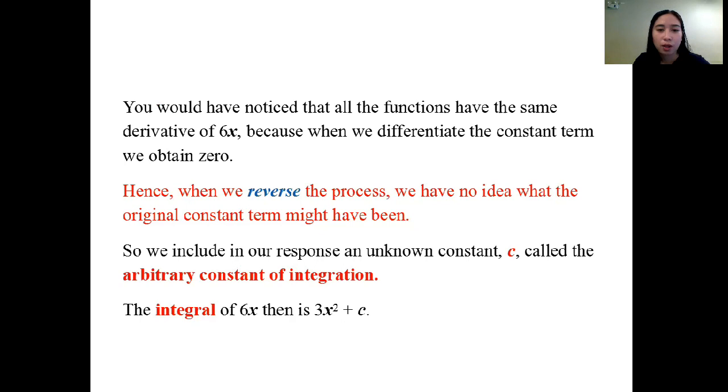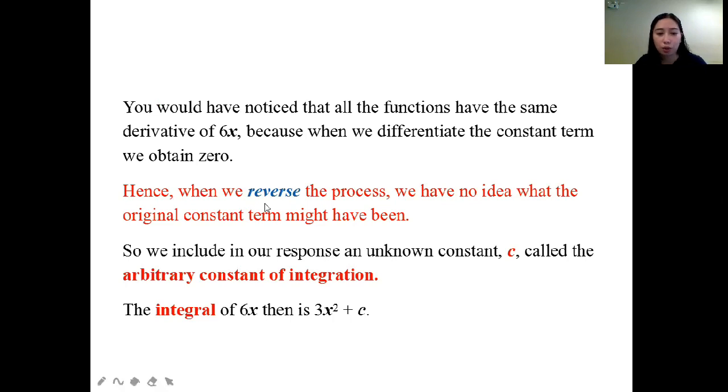Hence, when we reverse the process, we have no idea what the original constant term might have been. We cannot guess whether the given was 3x squared plus 1, 3x squared plus 2, 3x squared plus 3, 3x squared plus 100, or 3x squared plus 200.